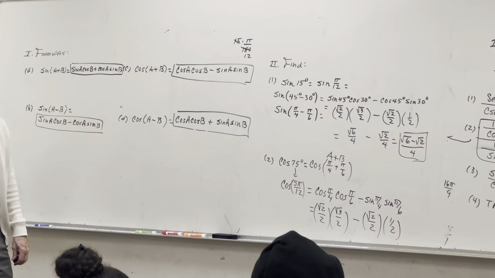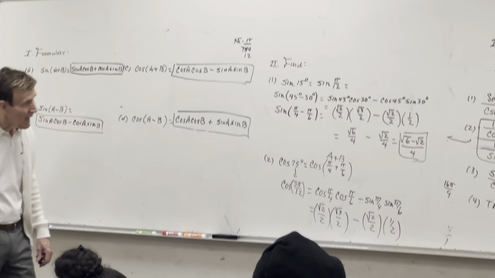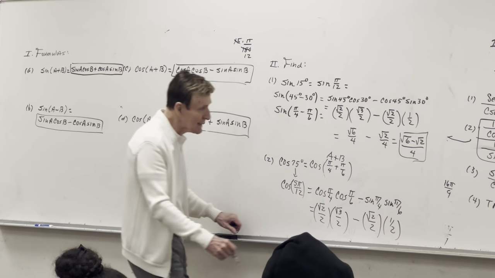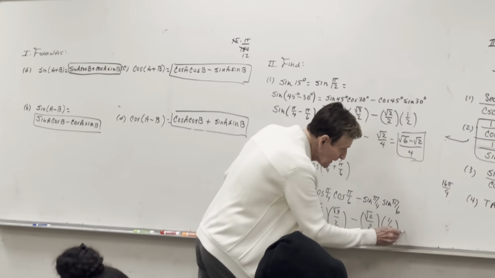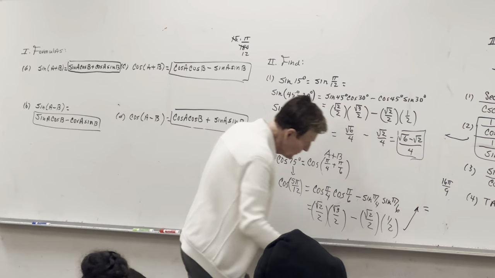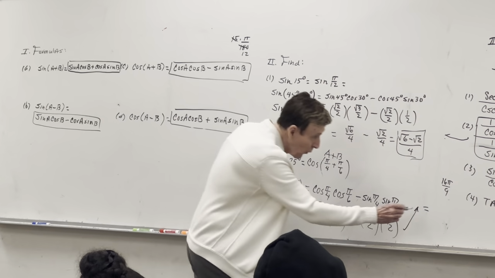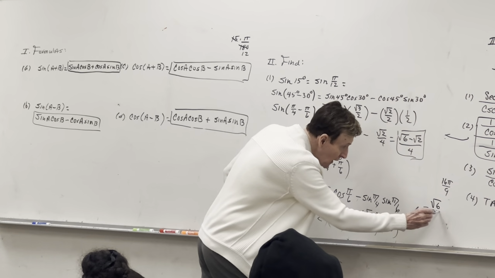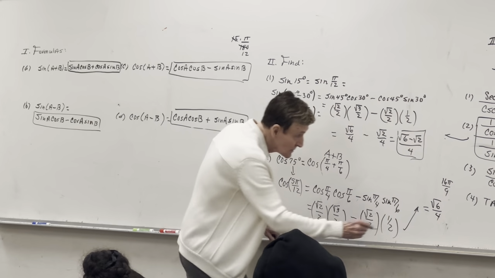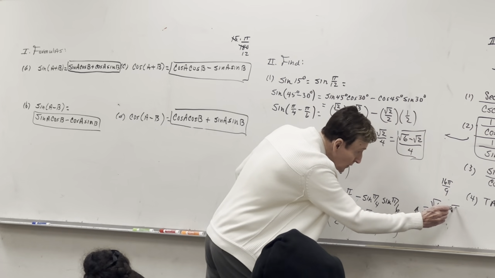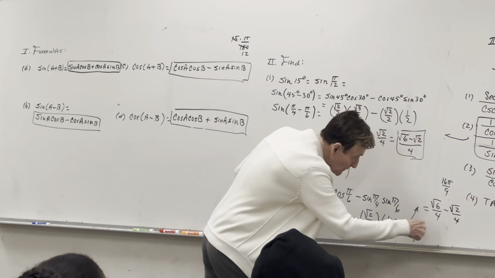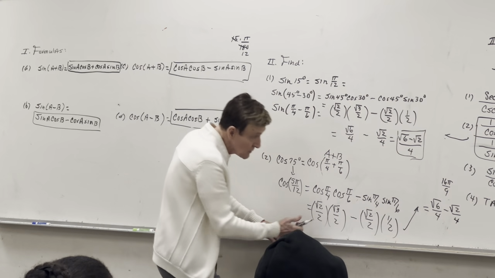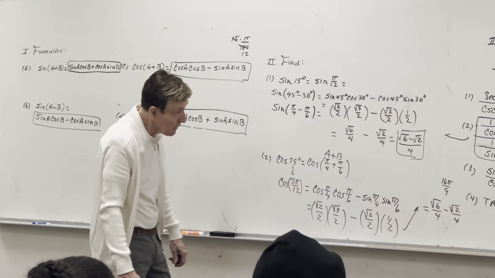Let's see what that answer may look like. Guys, here goes. That's equal to radical 6 over 4 minus radical 2 over 4. Radical 6 over 4, subtract radical 2 over 4.